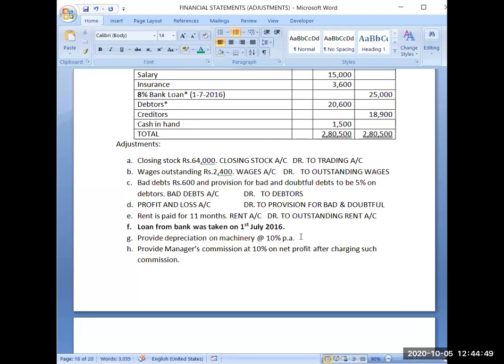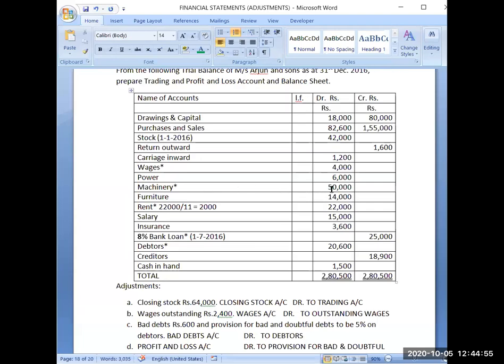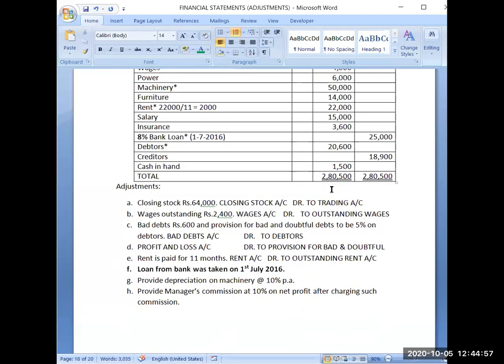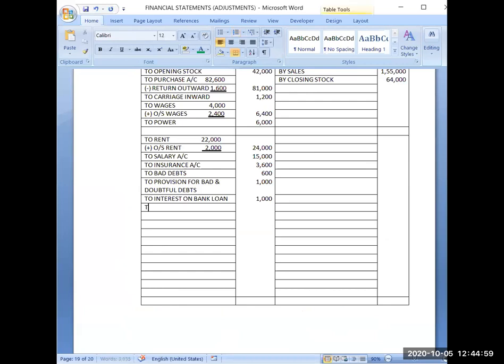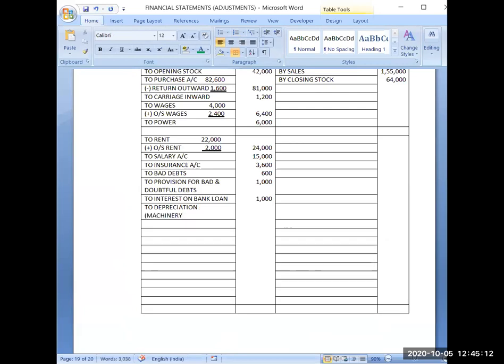Now the next adjustment is: provide depreciation on machinery at 10% per annum. So depreciation on machinery is 5,000. I will write it here, to depreciation on machinery, 5,000. You can mention it in brackets also.